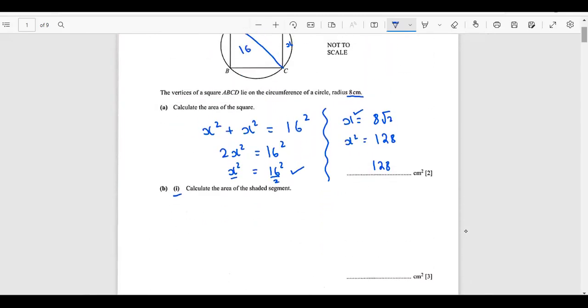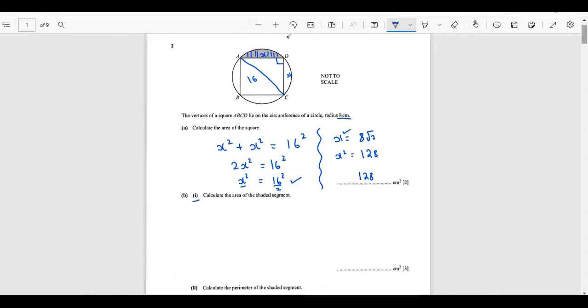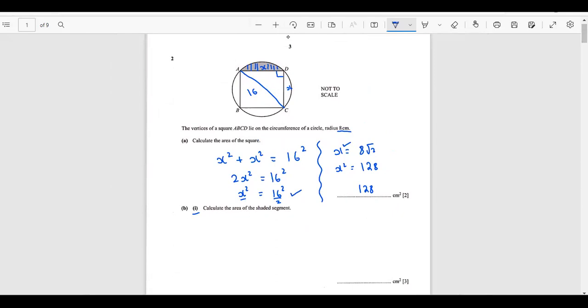All right. Now, if we calculate the area of the circle and we take out the square from it, what is going to happen in that case? I would get the area of these 4 parts, 1, 2, 3, and 4, and I can divide this by 4 to get the area of one part only.